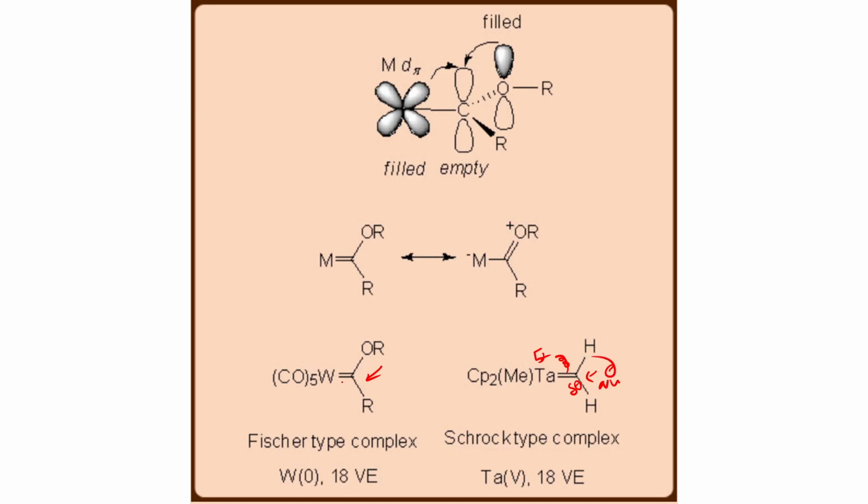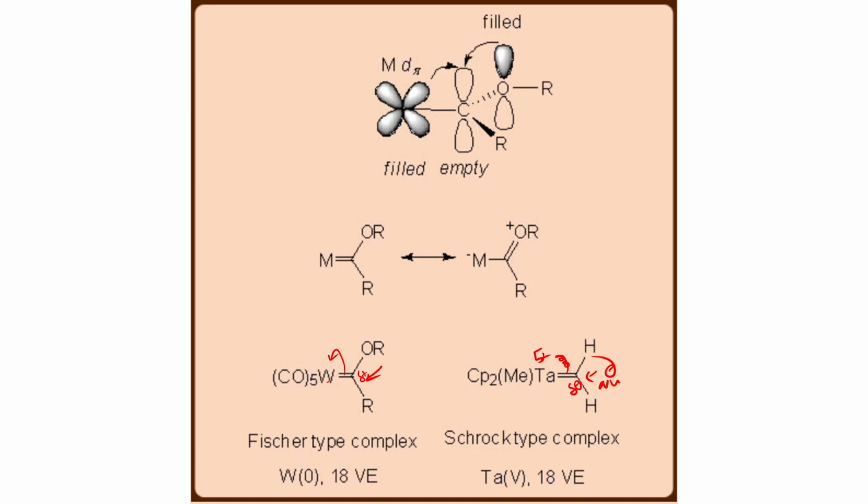And for this case, it is different because metal to carbon transfer happens. So it is reverse. Here it is an electrophilic center. And here you can see the tungsten is in zero oxidation state.